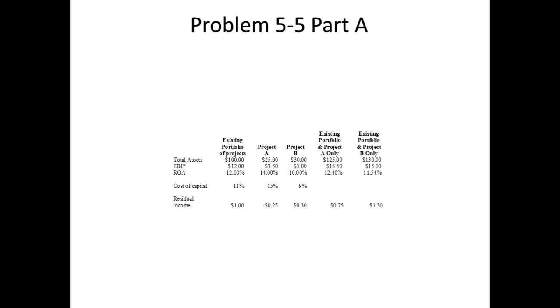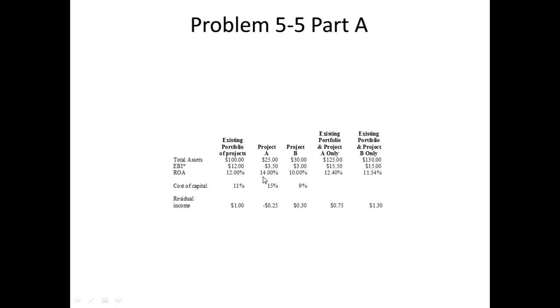And you're given 2 separate projects that have no synergy, projects A and B. And when you take a look at the effect on her ROA of the division for which she's evaluated, you see that before the project she has an ROA of 12%. Now, that's above the cost of capital of 11.